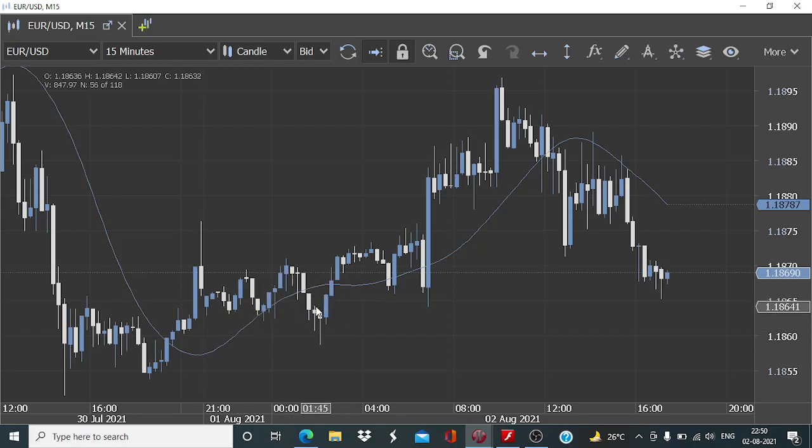And here also we will need some correction to have happened, and by correction I mean the 15-minute candles should have closed lower, and after that the reversal should start to take place. So whenever that happens, after a correction, the price action moves higher, it starts to rise again. That is the point in time we will be getting involved.